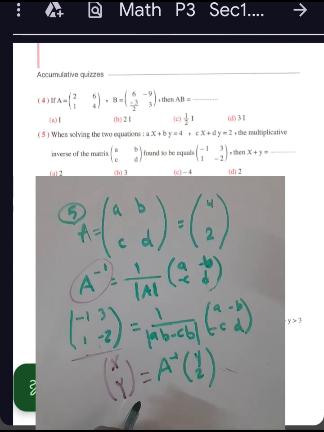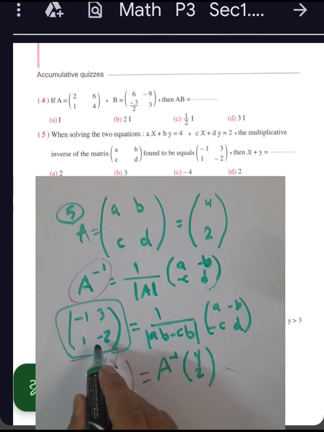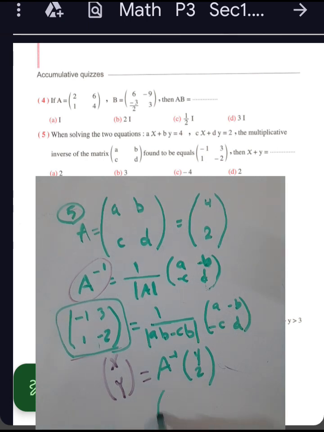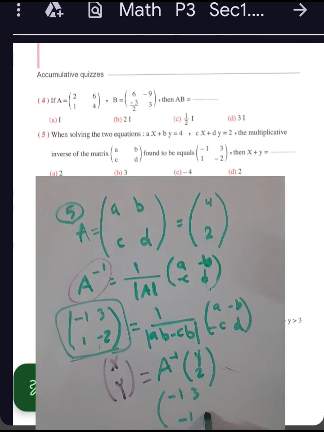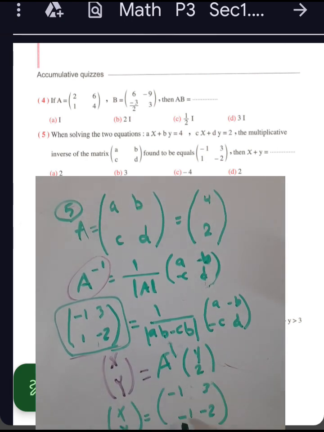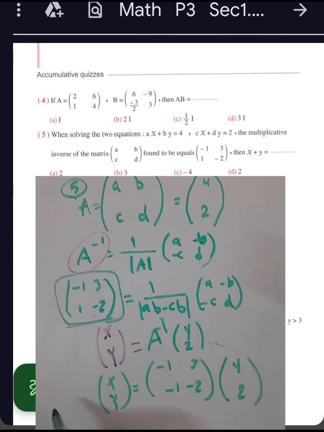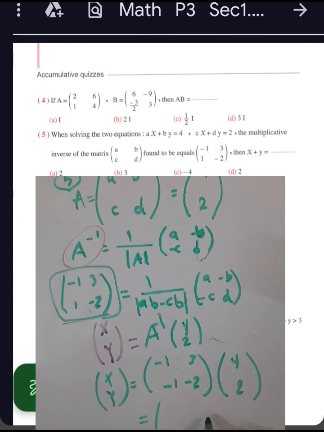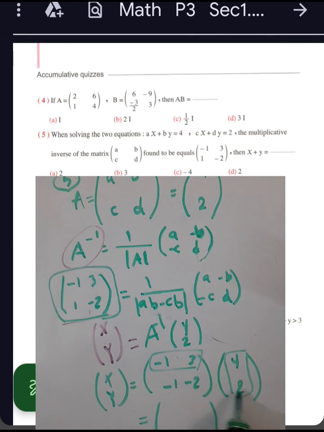And they give us the inverse of it: negative 1, 3, negative 1 and negative 2. This matrix, we have x and y here in this inverse of matrix A multiplied by 4 and 2. We can complete: negative 1 and 3 multiplied by 4 and 2. 3 times 2 equals 6, and negative 1 times 4 will be negative 4.